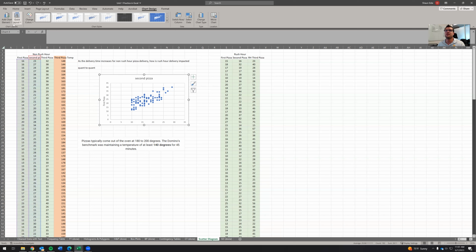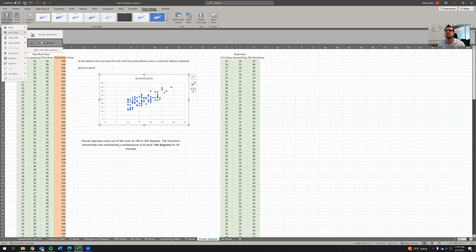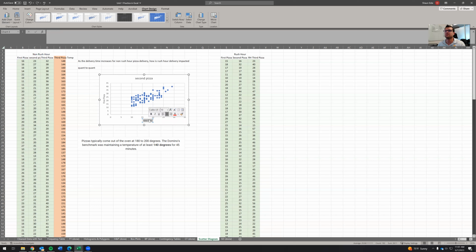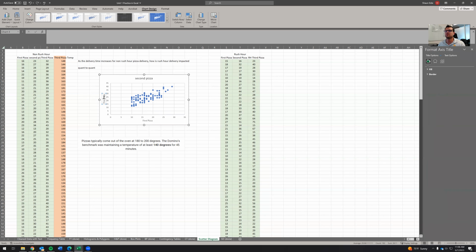Okay, and then add chart element, second pizza. Actually, this is first pizza, and this is second pizza. Sorry. Okay, and so we've got pizza delivery time.